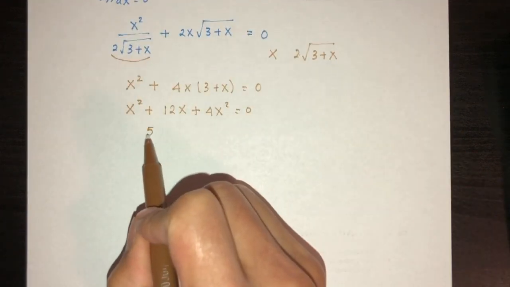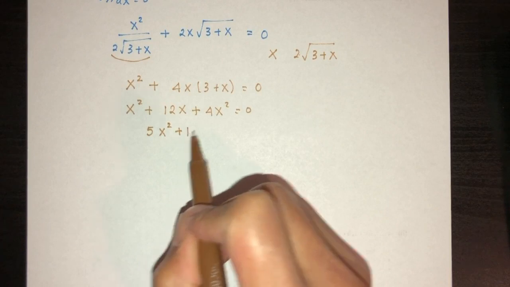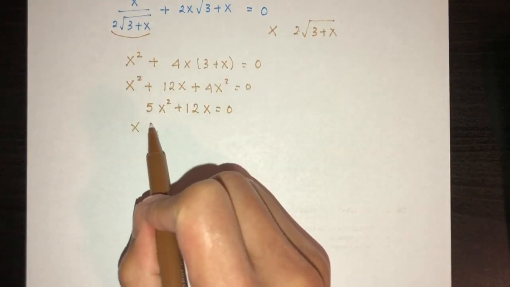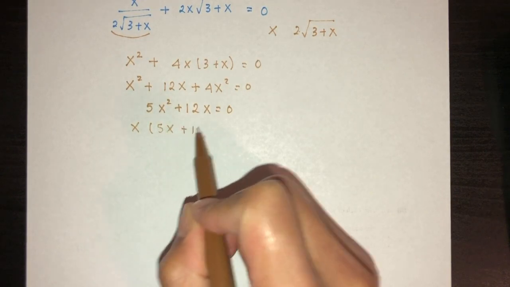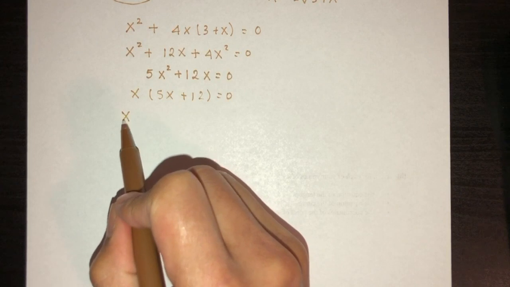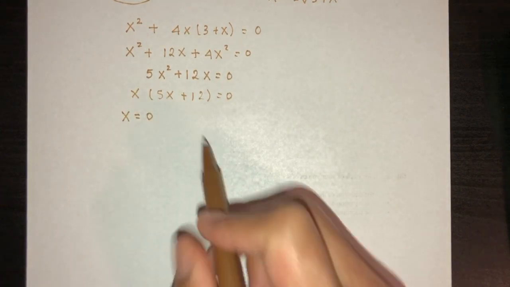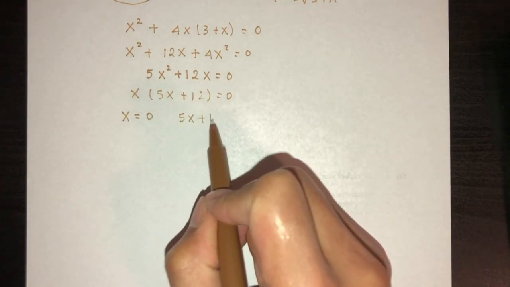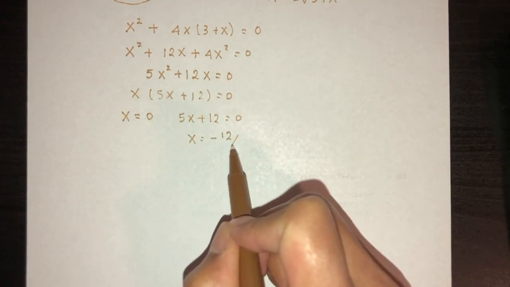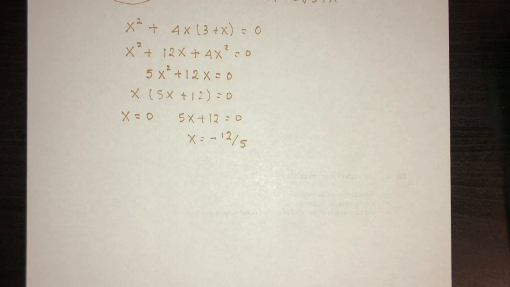That will be 5x squared plus 12x is 0. Now if you factorize x outside, you will have x times 5x plus 12 is 0. Now x can be 0 and 5x plus 12 can be 0. x can be minus 12 over 5. That is your values for x.